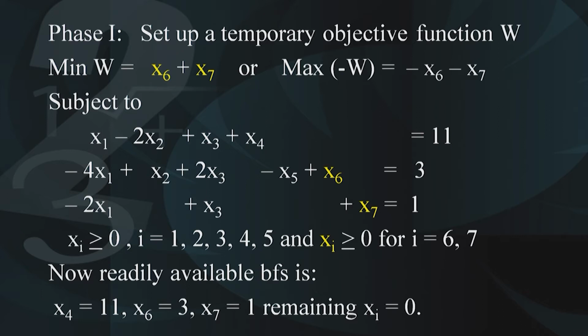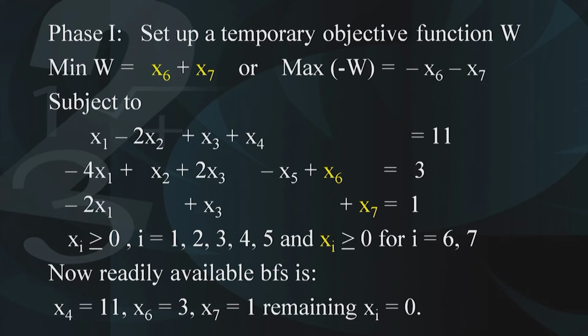Similarly, the artificial variable x6 is a basic variable in the second equation, so x6 is equal to 3, and similarly in the third equation x7 is equal to 1, because x6 and x7 have been purposely introduced so that they can take care of the initial BFS which we want for our simplex calculations to work.